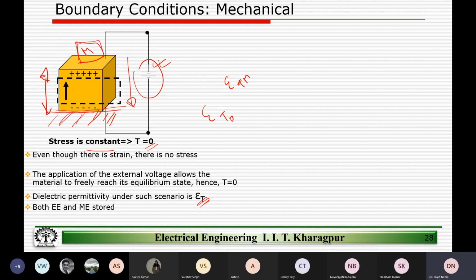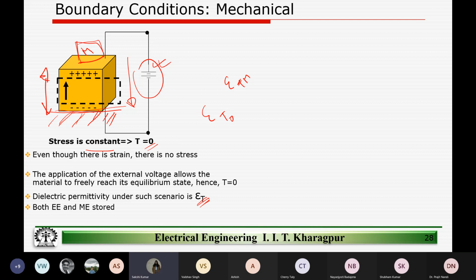T0 means permittivity measured at constant stress of 0. And the second one is permittivity measured at constant stress of whatever, because of this mass m that we have kept. So which one do you think will be higher?